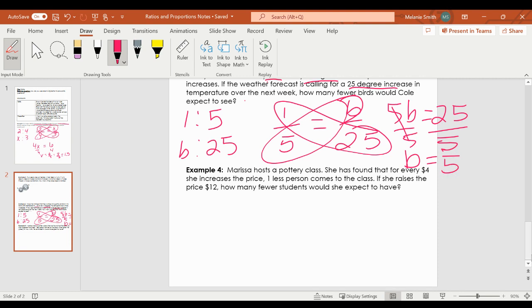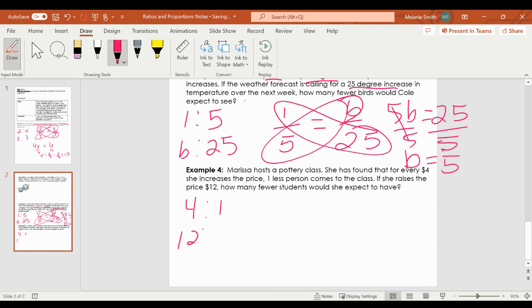All right, so let's look at number 4. Marissa hosts a pottery class. She has found that for every $4 she increases the price, one less person comes to the class. If she raises the price $12, how many fewer students would she expect to have? So for every $4 she increases the price, she loses one student.